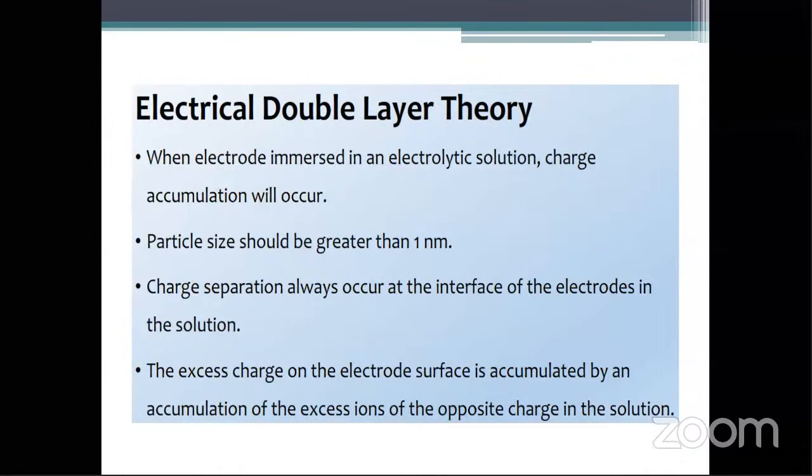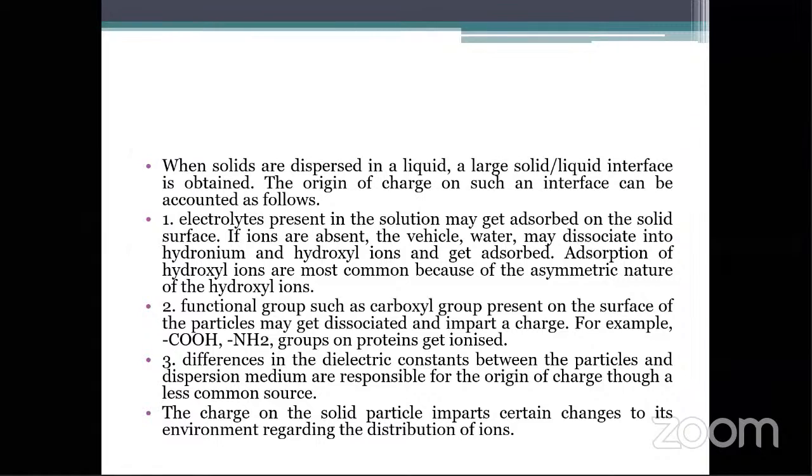It's very important, electrical properties of interface. So charge will be produced at the interface.